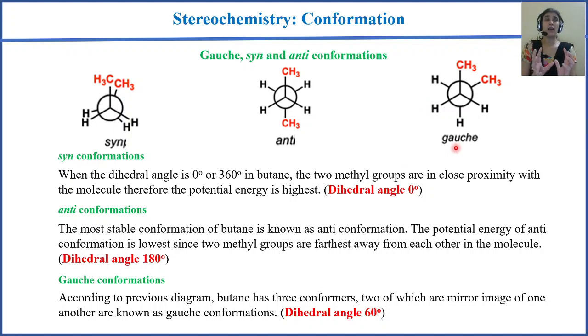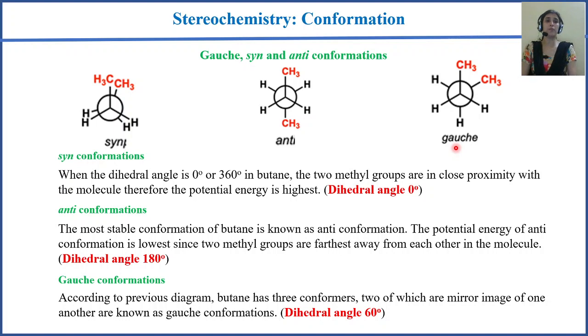It is not possible to isolate one single gauche conformer at room temperature, because there is a continuous rotation about the C-C single bond. And if we could separate them, they would become chiral, and the other gauche form would be the mirror image of the previous gauche form.